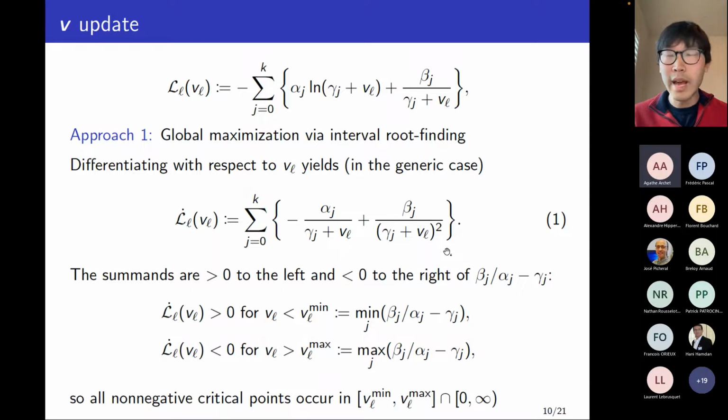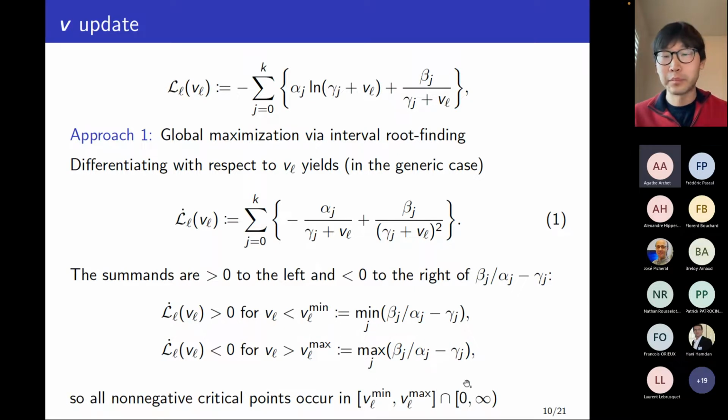As a result, if you're sufficiently far left, we know this is strictly positive, and if you're sufficiently far right, we know it's negative. And we can calculate what we mean by sufficiently left and sufficiently right. So all the non-negative critical points of the objective have to occur within this interval.